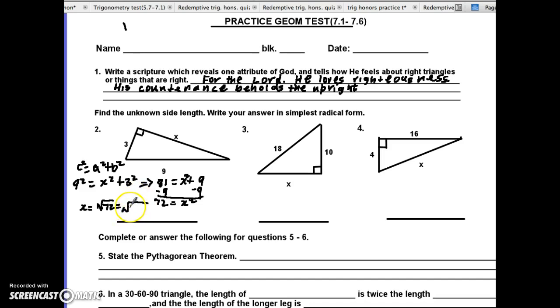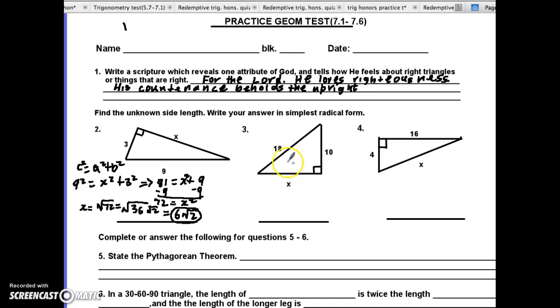You try to find the highest one. You might think of 9 and 8, but a higher one would be 36. 36 times 2 would be 72, where 36 is a perfect square. So the square root of 36 would be 6. And 2 is not a perfect square, so you leave it as is. So your answer would be 6 root 2, or 6 radical 2.